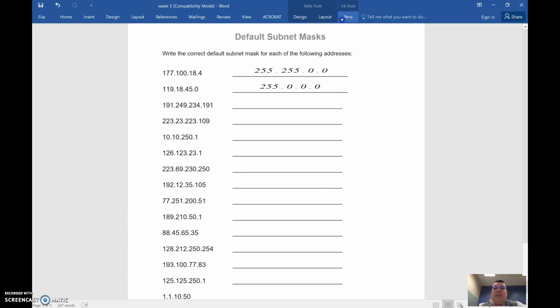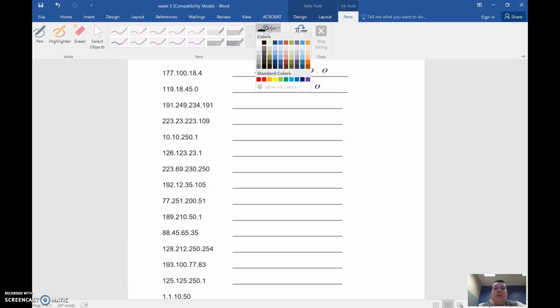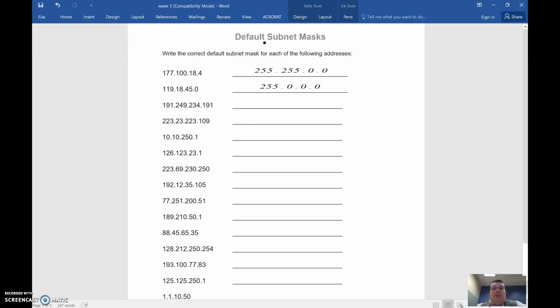Default subnet masks is another one. Make sure you're identifying if the IP is public or private. It might take you a little bit more work on this one, but we can start to guess that everything will have the subnet mask of its default, and say this one is a Class B. This is what a Class B subnet mask is.